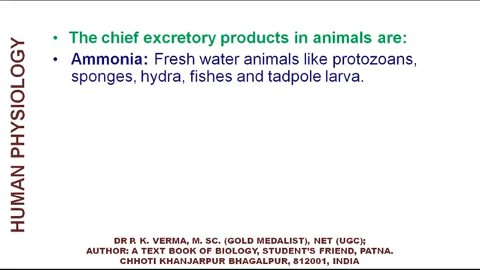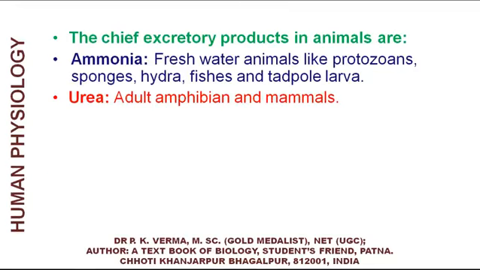In the tadpole larvae of amphibians and in fishes, ammonia is released from the surface of gills. However, in adult amphibians and mammals, urea is the excretory metabolite.